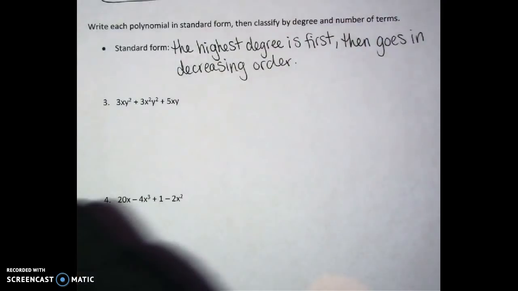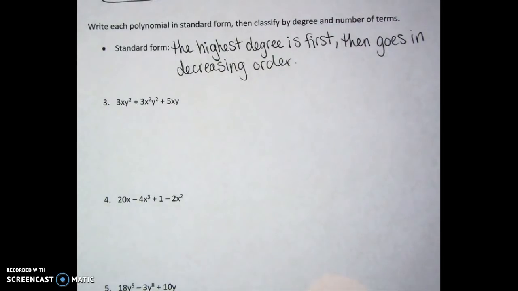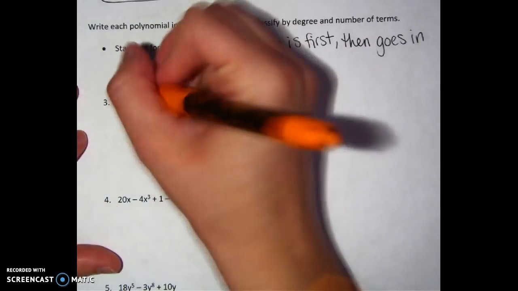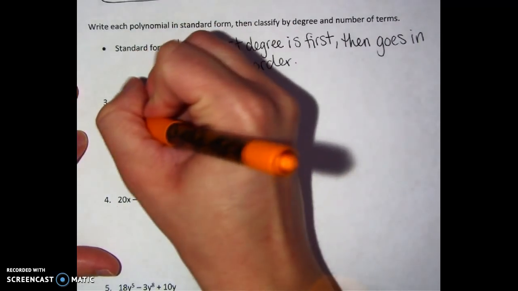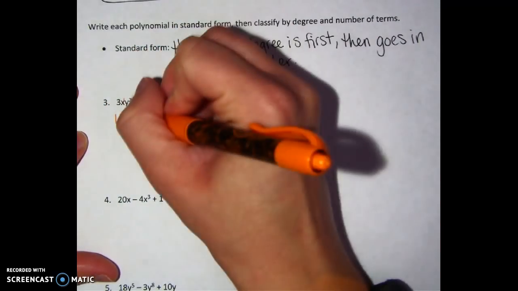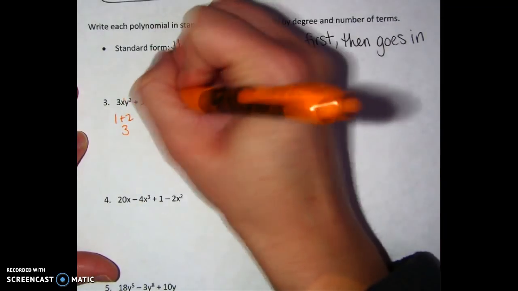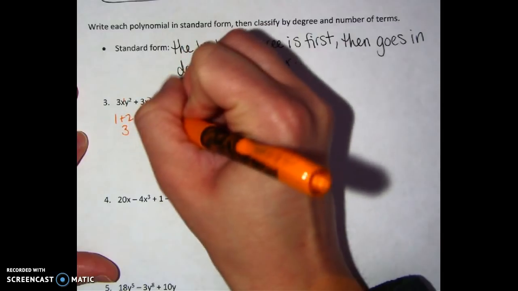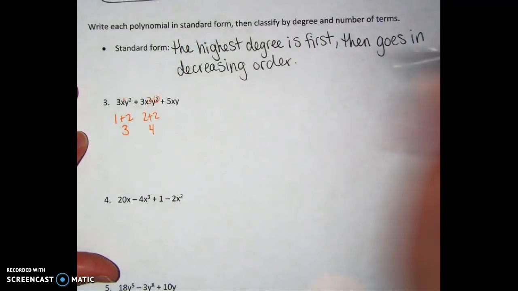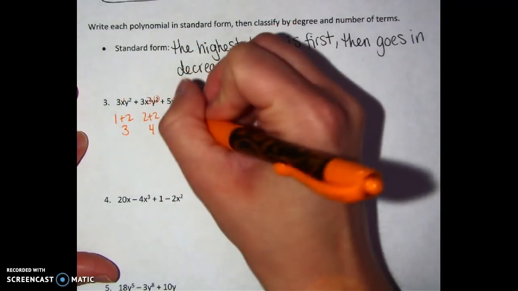Okay, so for number 3, first thing we need to do is find the degree for each term. So here I have a 1 and a 2, so this is 3. For this one, I have a 2 and a 2. This is 4. And over here, this is just a 1 and a 1.